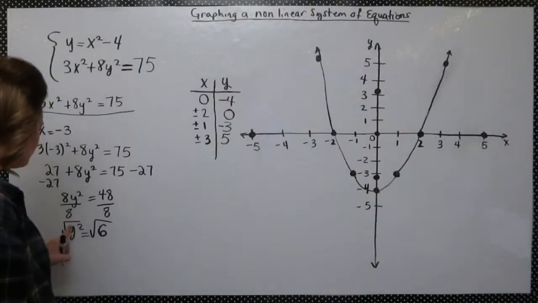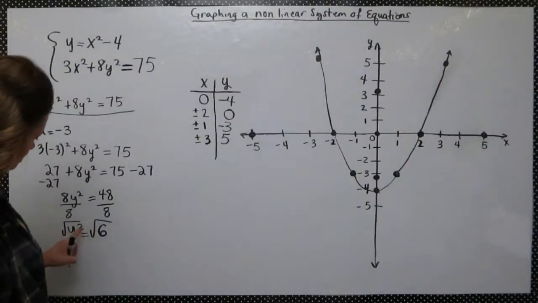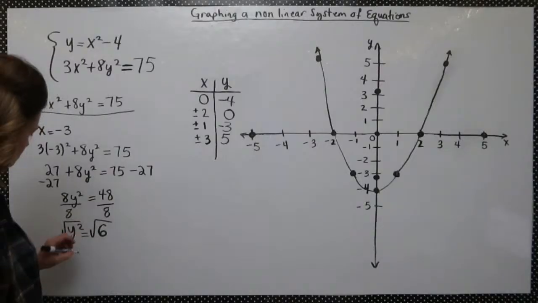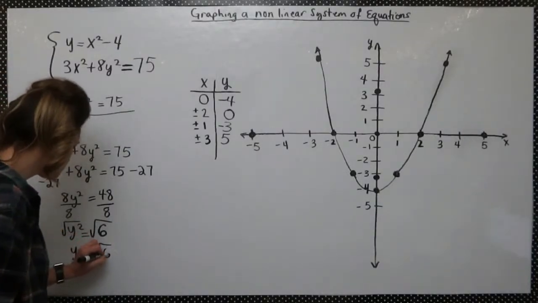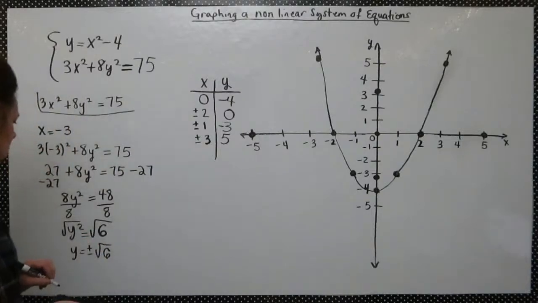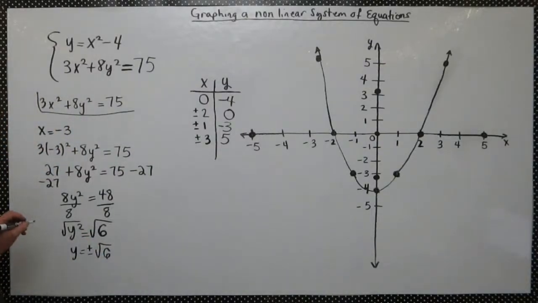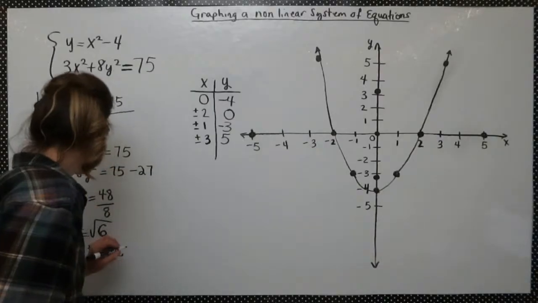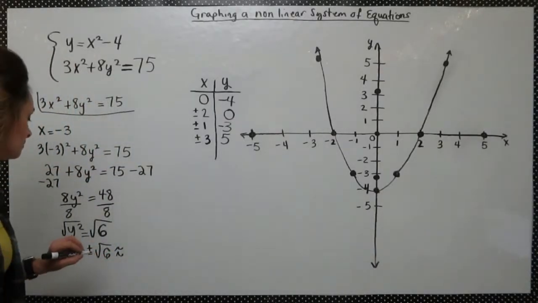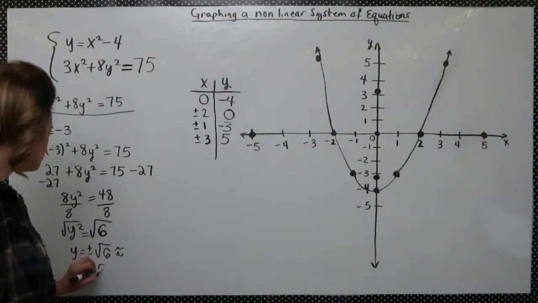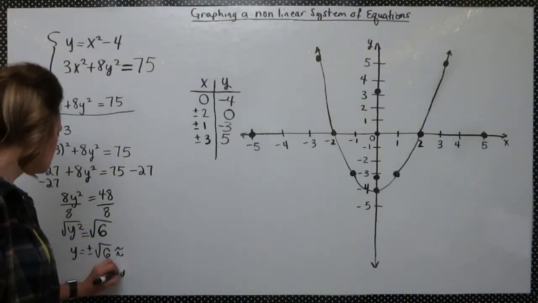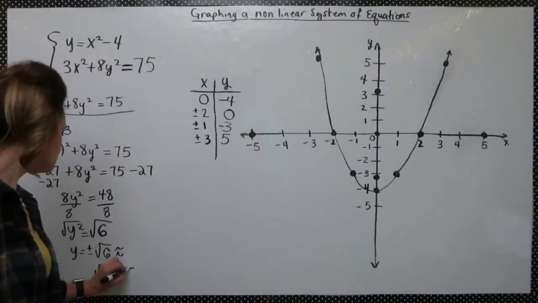All right, so we have y squared. Taking the square root gives me y equals plus or minus radical 6. Radical 6 cannot be reduced, so that's just a value. We can plug it in the calculator, but if you think about it, it's between the square roots of 4 and 9.